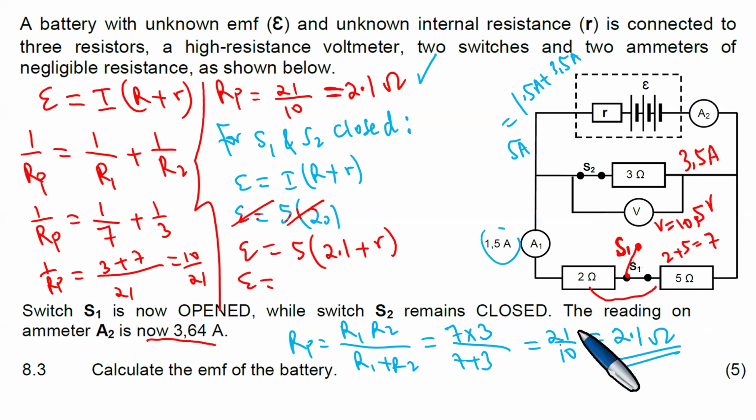So the reading on ammeter A2 is going to be 3.64 multiplied by the resistance of the external circuit, 3 plus R, like that.